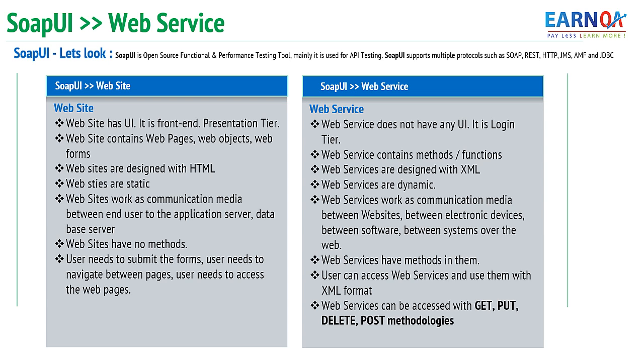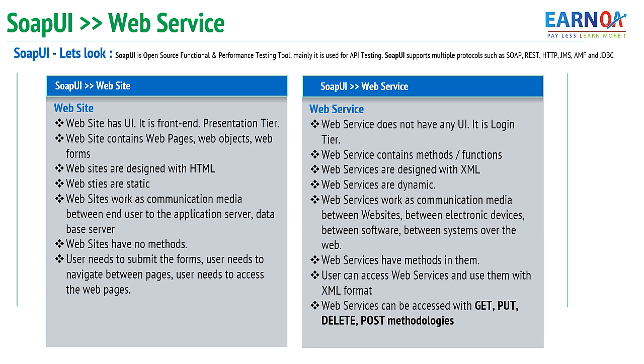Websites work as front-end communication media for the end user to represent the transactions, the data, and the layers of the application server or database server. Whereas web services work as communication media between systems, between application server and database server, between various electronic devices, and between different software.